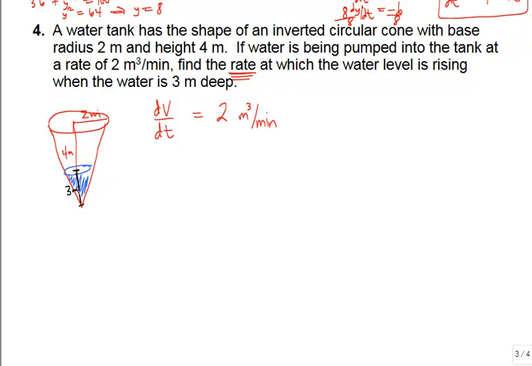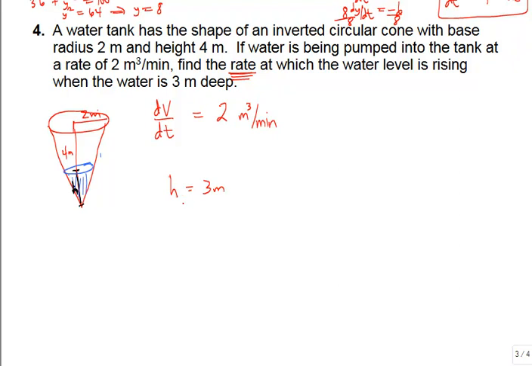As I keep adding water, that depth continues to grow and grow and grow. So I'm not going to label that 3. I'm going to label that a variable. I'm going to call it h. So here's my water, and that height, let's call it h, because that's changing over time. And at one moment in time, that height will be 3 meters deep.